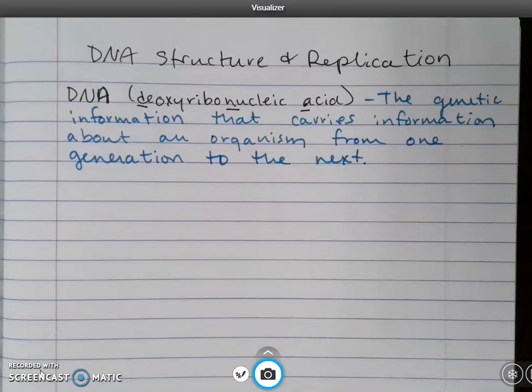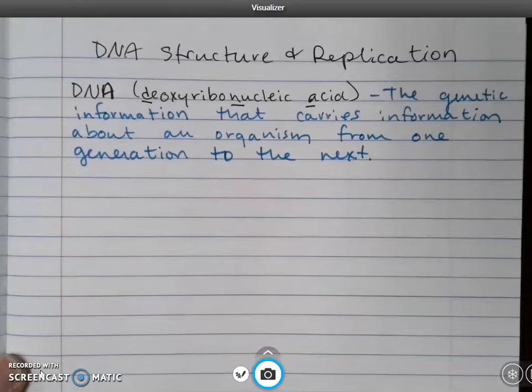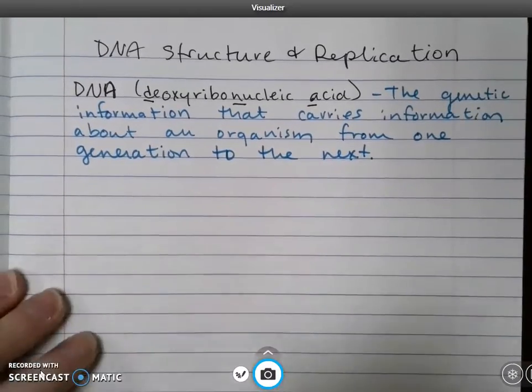Now, DNA is found in the form of chromatin in the nucleus of a cell.